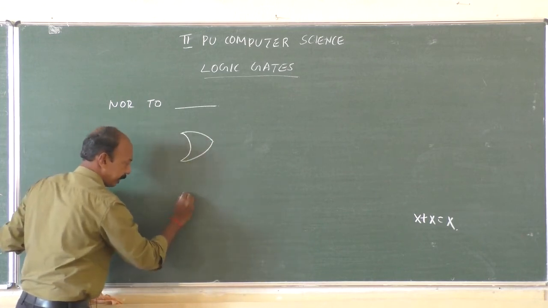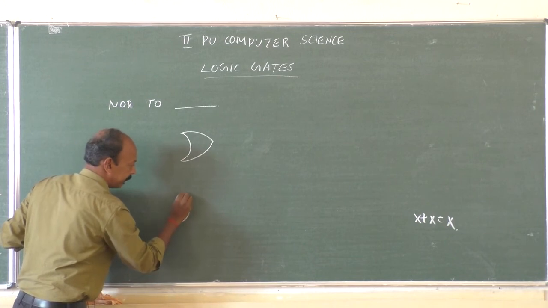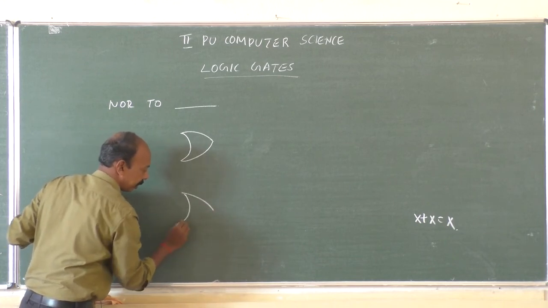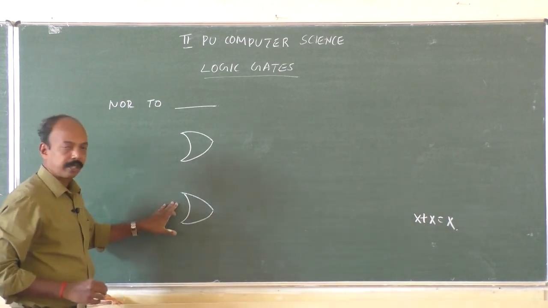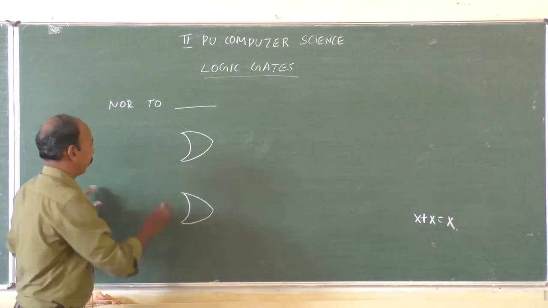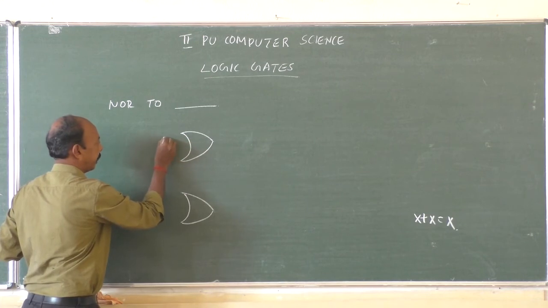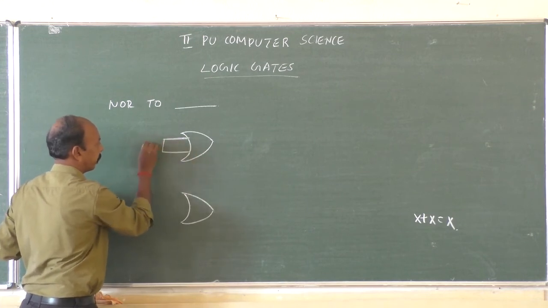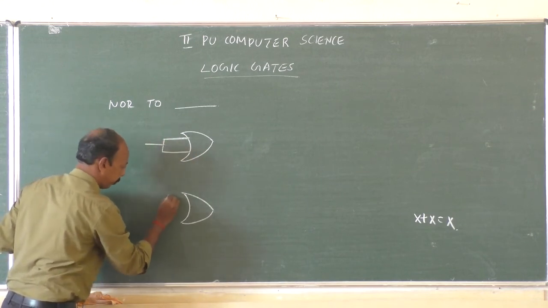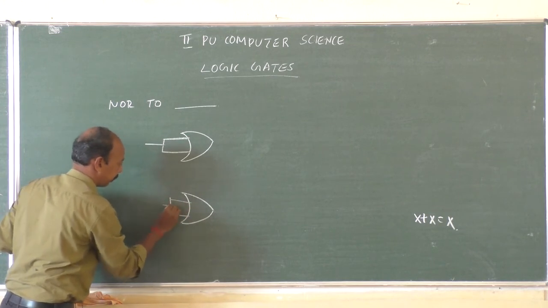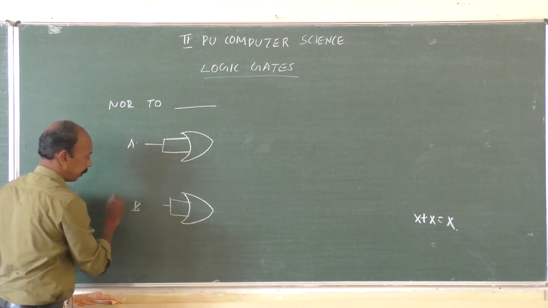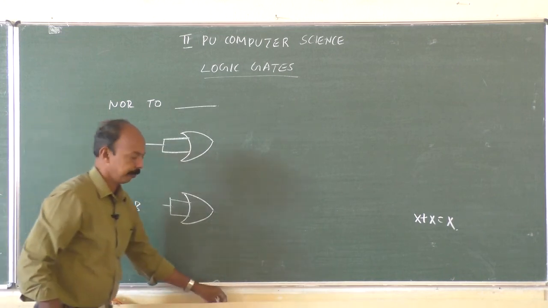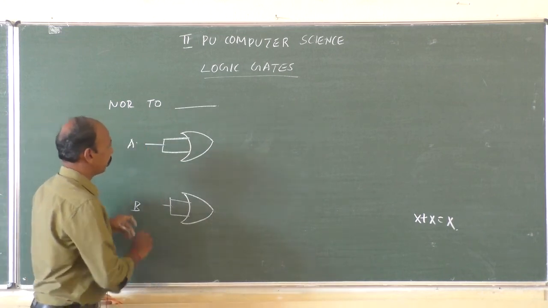In case of NAND, from this diagram we got OR. What we are going to get here? Same input we shall feed here. Let it be A, let it be B. So what we are going to get here?